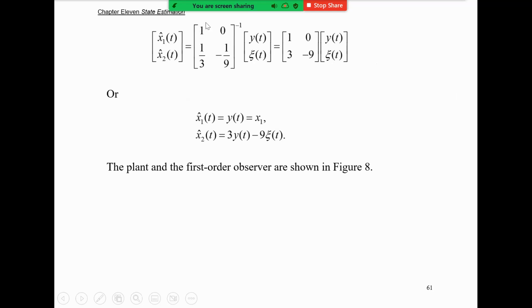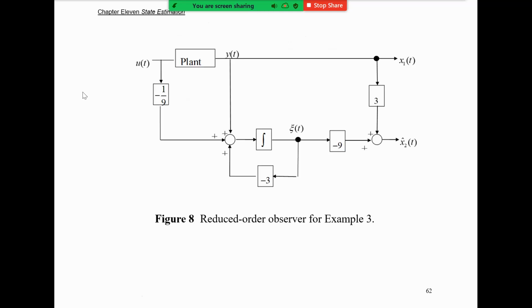Sure, so this transformation matrix, you do the inverse of that, right? You have this, in this way you can reconstruct the original state. All right, any questions? Okay, so here is the block diagram to show you how you construct that in Simulink.